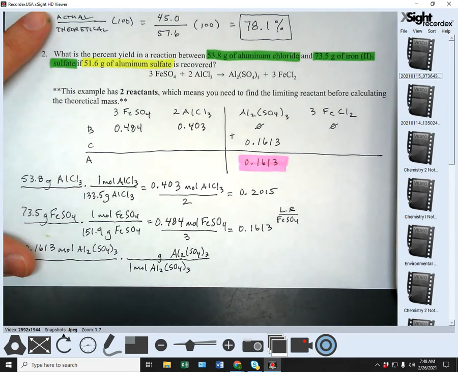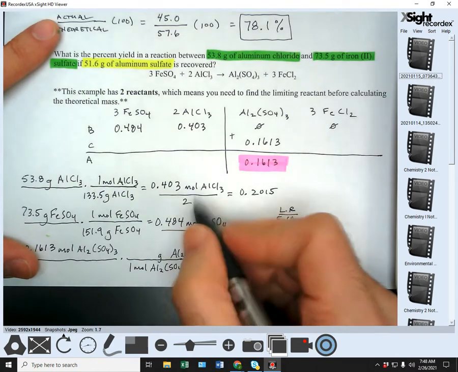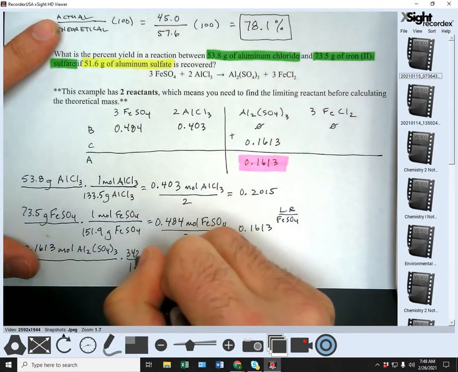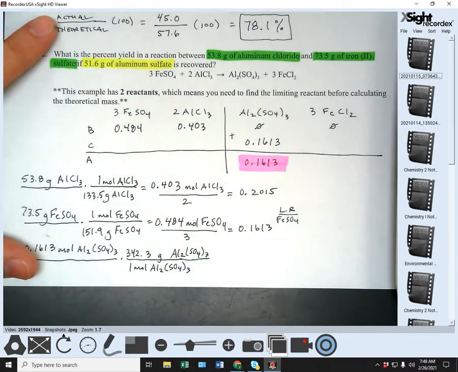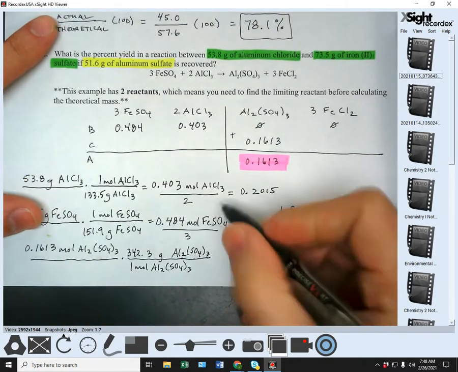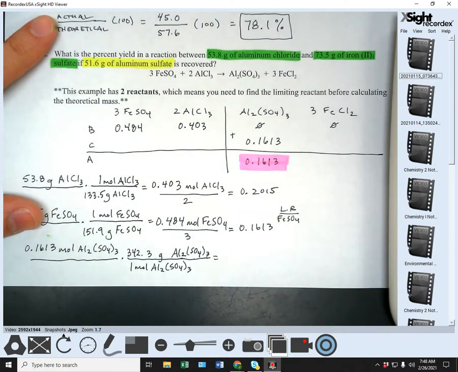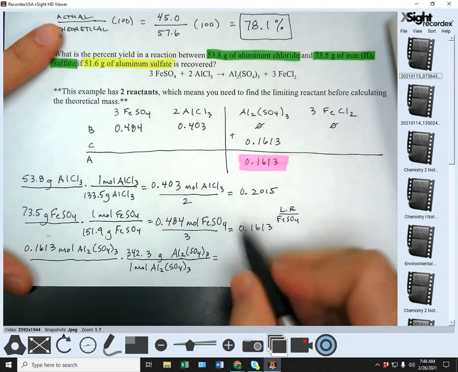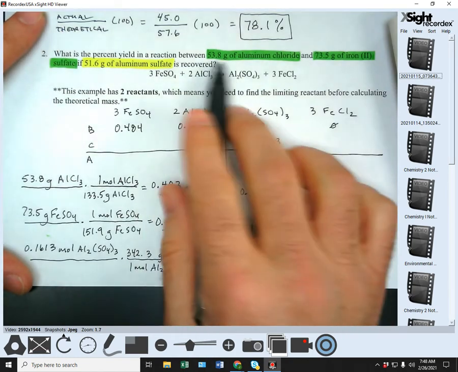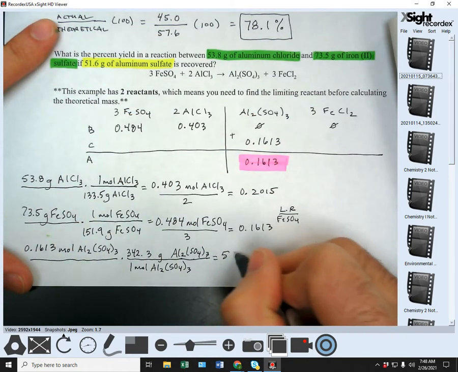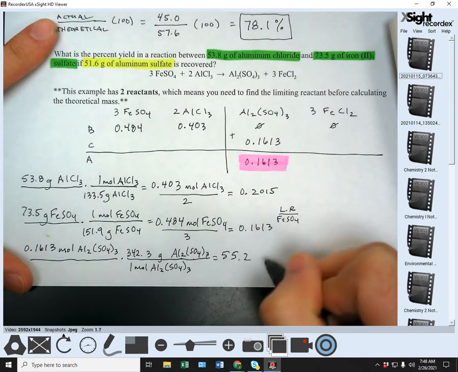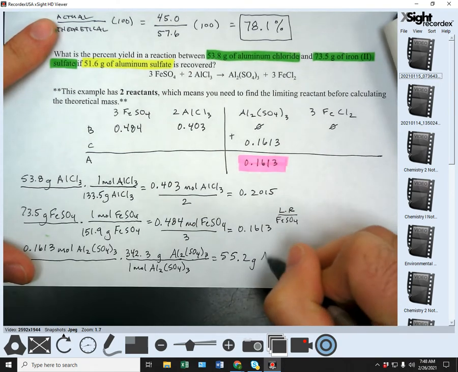Add it all up, we get 342.3 for the grams of aluminum sulfate. So we do the math on this. And we get 55, significant figures are 3, so it'd be 55.2 grams of aluminum sulfate.